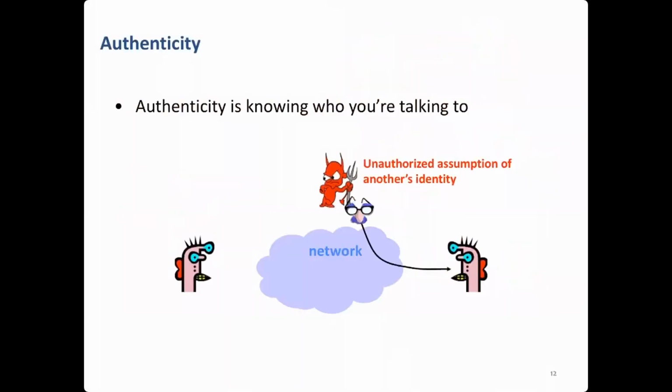Okay. So it means that if Mallory is sending something to Bob pretending to be Alice, then authenticity is lost. It is the unauthorized assumption of somebody else's identity.